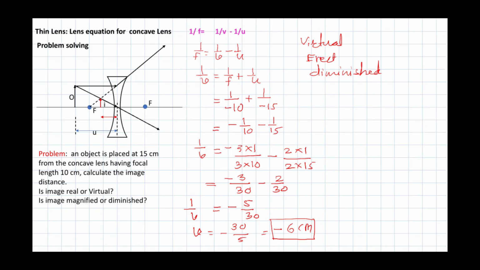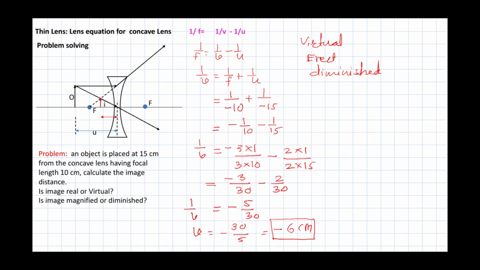So that is how we get the image in case of a concave lens. So note that in case of a concave lens, wherever the object is kept, either between the focal length and optical center or beyond the focal length, the image formed is always virtual, that means we get the image on the left hand side of the lens only, that you should remember.